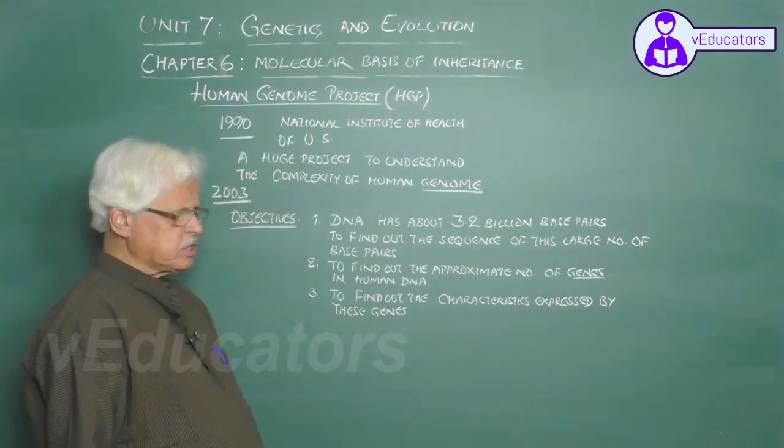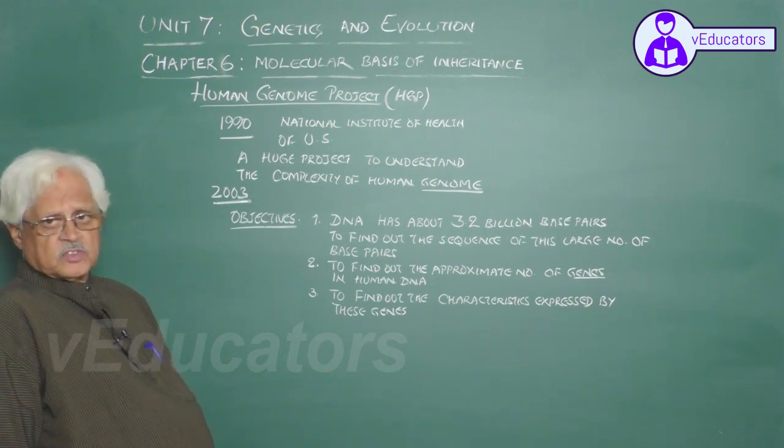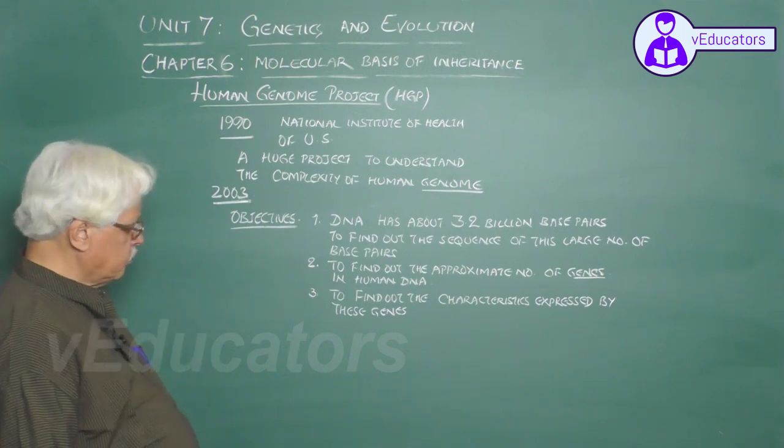Once the approximate number of genes is known, what characters do they express? So how many hereditary characteristics are present in human beings?